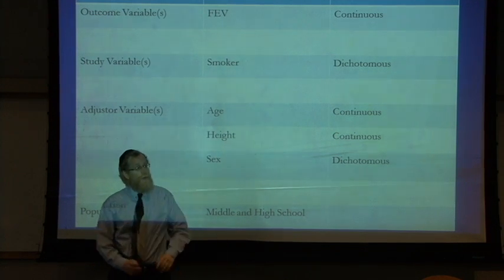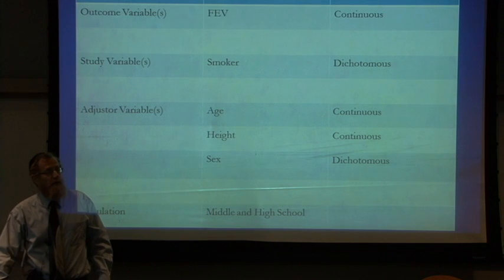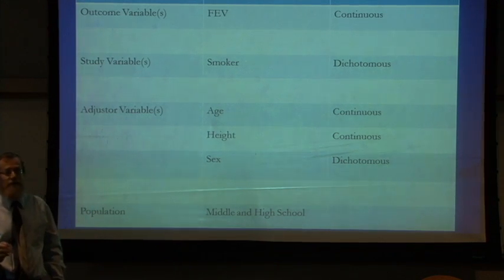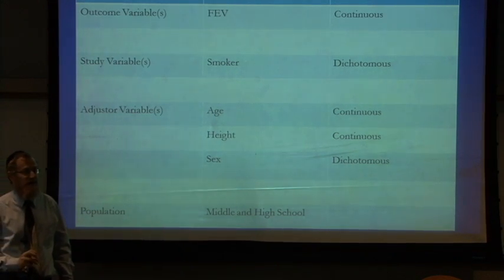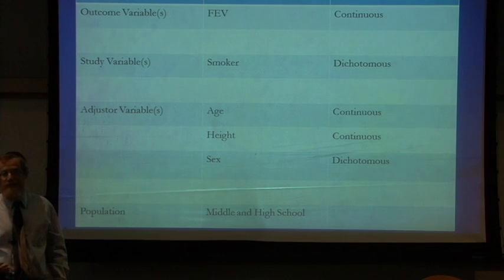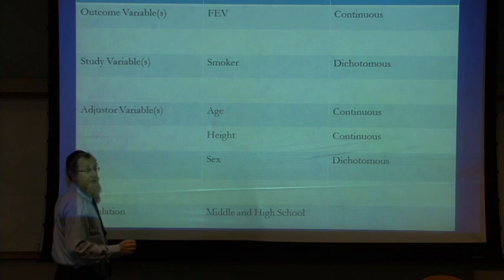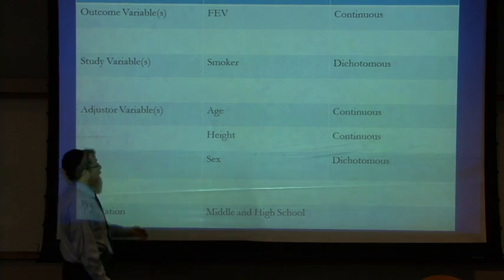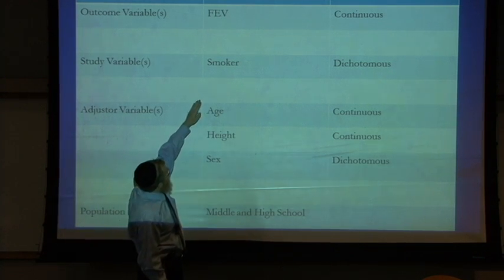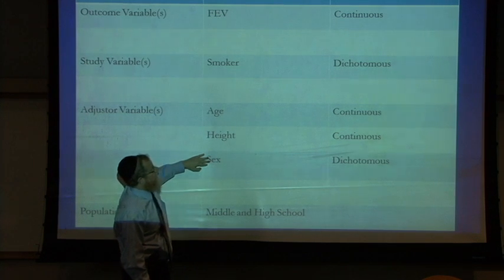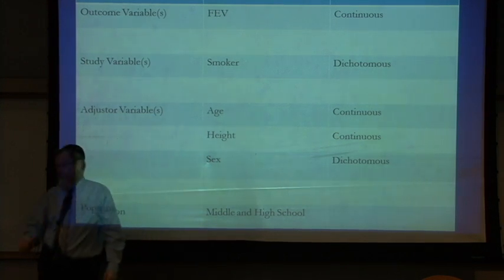This is one reason why sometimes you'll find people will choose to code age as continuous in situations with limited data, because otherwise it's going to count for a bunch more variables, and there may be other important variables that you won't be able to include in the analysis. So 1, 2, 3, 4. All of these are continuous or dichotomous, so they all count once.